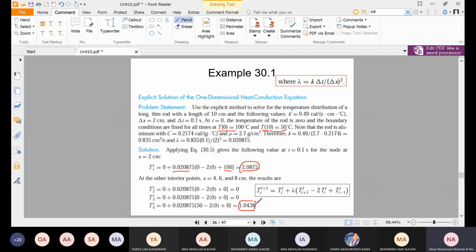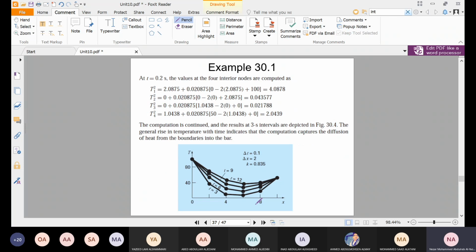After that, we need to take another iteration. For the second iteration, when we go, for example, to T2, in this case these values of temperature will update, and also the temperature at the boundaries will update. So we can update the values of the temperature by using these equations, because now we have other values of the coefficients.